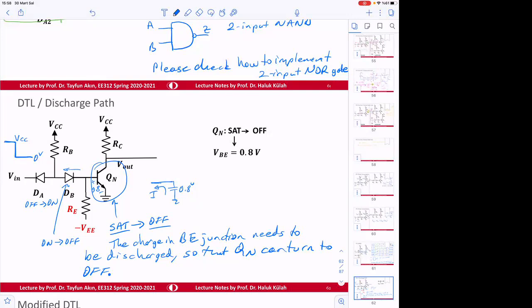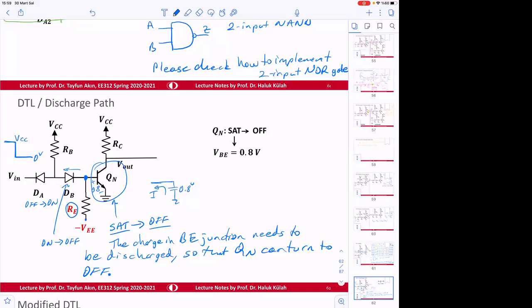That's why in this circuit we typically add a resistor to the base of the transistor to discharge the base charges. We call it RE.